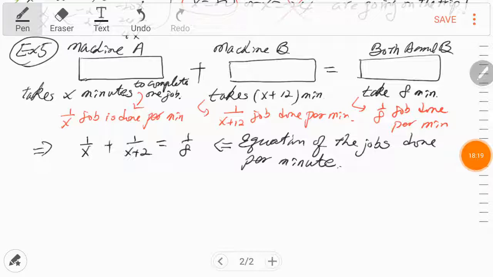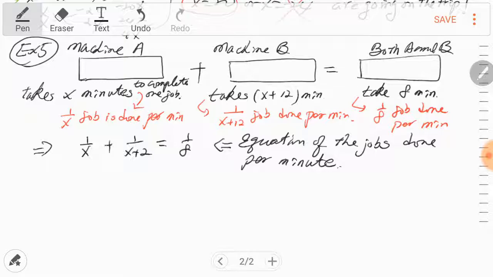Okay, this example is about the work done problem, the work rate problem. So there are 2 machines, machine A and machine B, and machine A takes X minutes to complete one job. One job is copying. This is a copy machine, so it takes X minutes to complete one copying job.